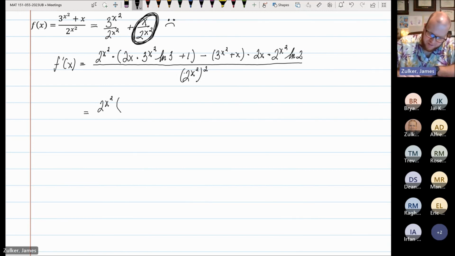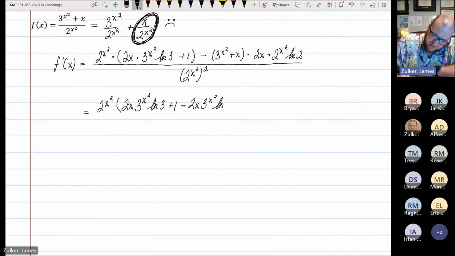And then what we're left with in the numerator will be 2x, 3 to the x squared natural log of 3 plus 1 minus 2x, 3 to the x squared natural log of 2 minus 2x squared natural log of 2.